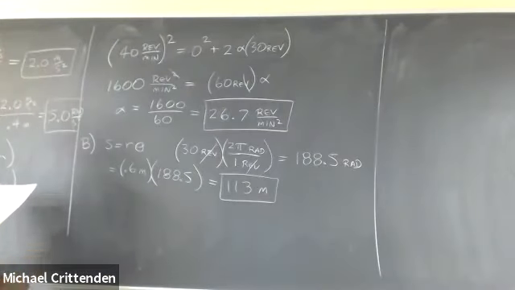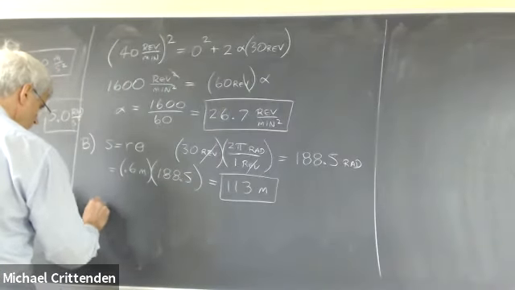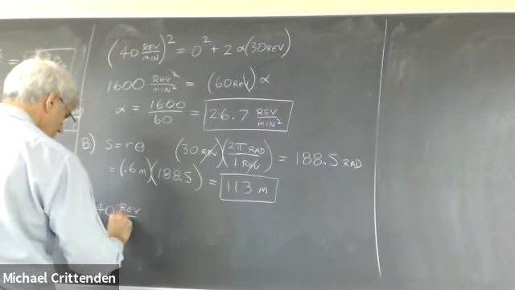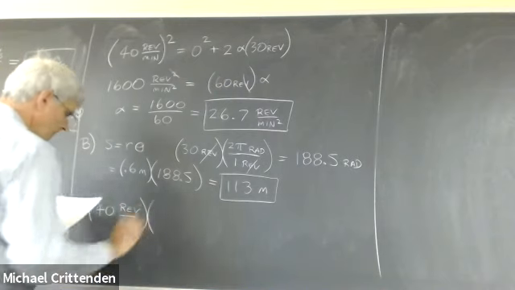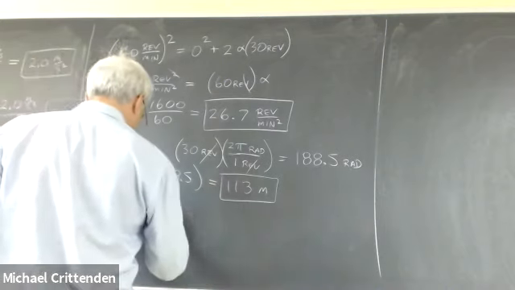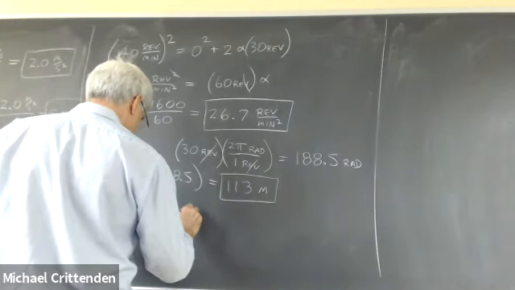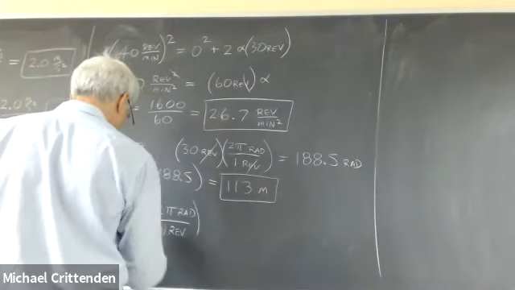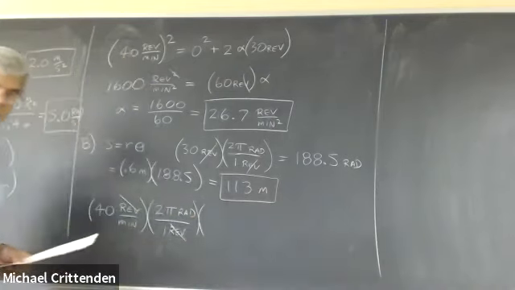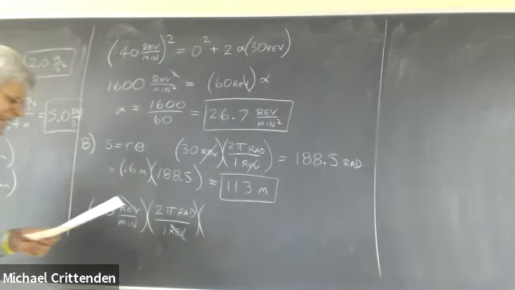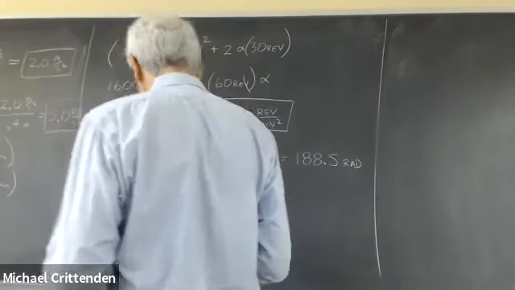So that was 40 revolutions per minute. That was omega final. These unit conversions are getting kind of tedious and repetitive, I suppose, but I think some people at least need the practice.